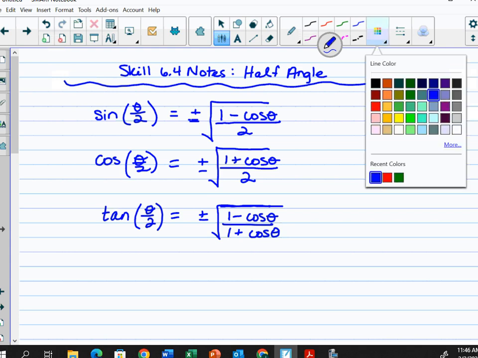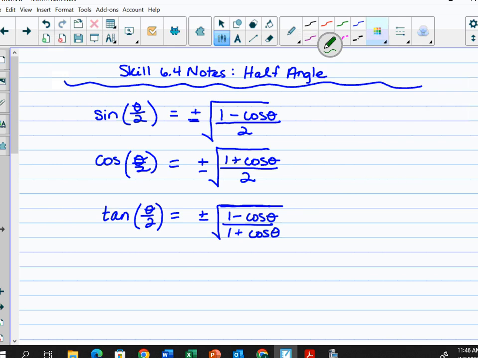Guys, you only have to know one of these. There are other options for tangent of theta over 2. You could use sine of theta over 1 plus cosine.